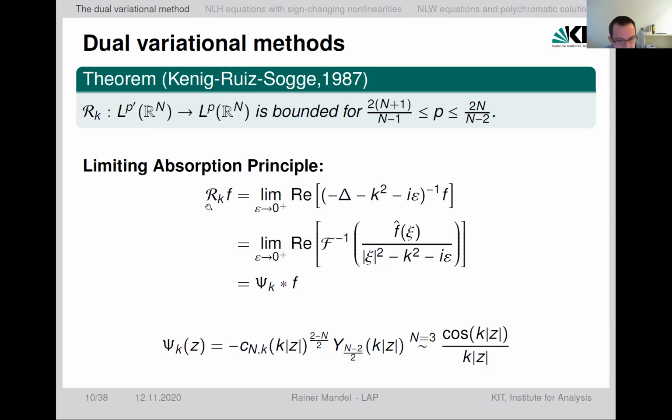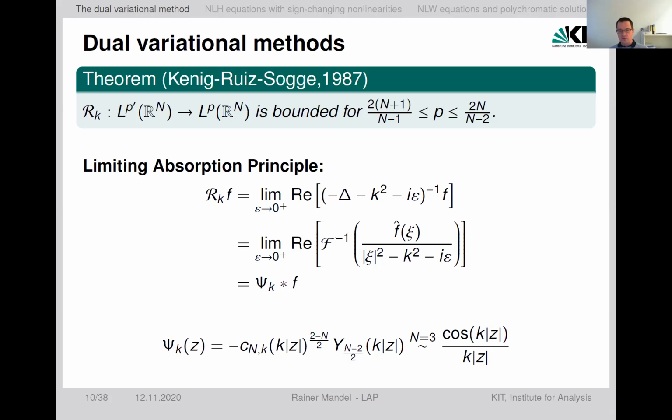Let me explain this. In order to construct such a right inverse of the Helmholtz operator, what you do is you shift your spectral parameter into the resolvent set so that you can have a good resolvent, a classical resolvent from L2 to L2. And then you let this approximation go to 0.